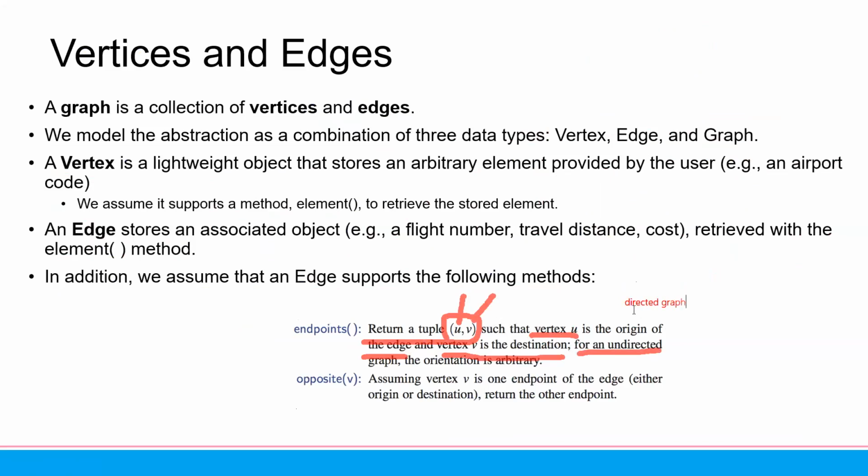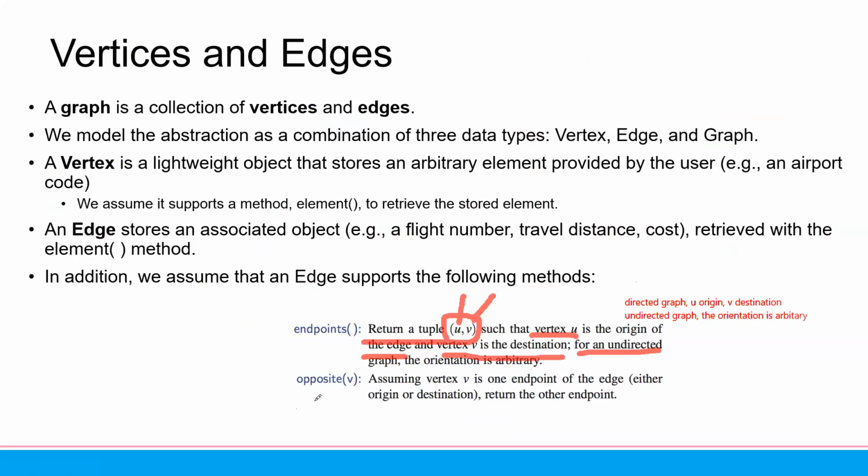If it is a directed graph, then we have u and v, where u will be the origin and v will be the destination. But if it is undirected, then the orientation is arbitrary. It means we don't care about the sequence, u first and then v next, or v first and then u next. We don't care.